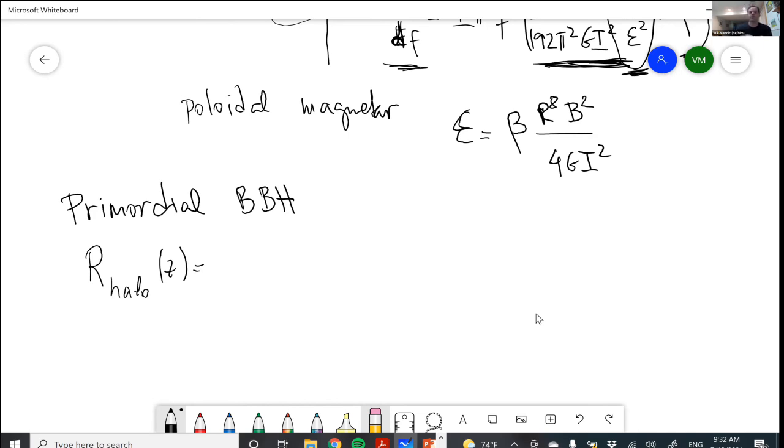So the evolution of the rate as a function of redshift becomes different in this case, and we might be able to go after that to measure this and distinguish between primordial and stellar contributions. All right, sorry about going over time. I'll stop here and take questions if there are any.